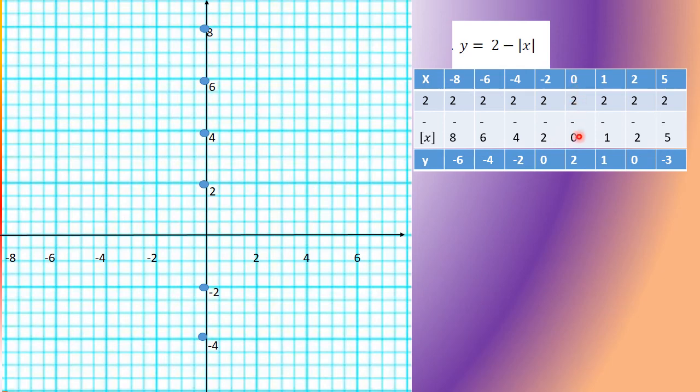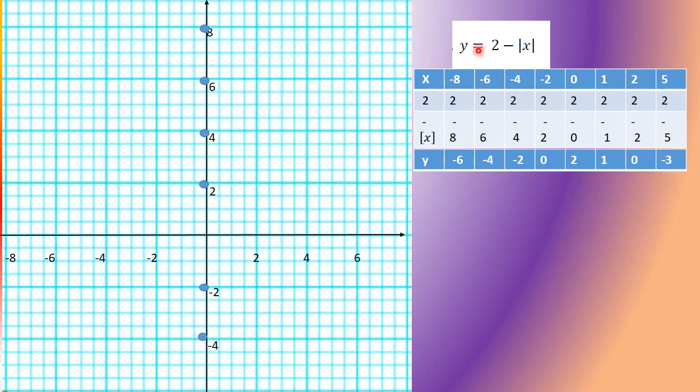So 2 minus 0, it's 2. Then 1 modulus is still 1. So from 2 subtract 1, which is 1. 2 modulus is 2. 2 subtract 2 is 0. Whereas 5 modulus is 5 as it is. So 2 subtract 5, it's minus 3.